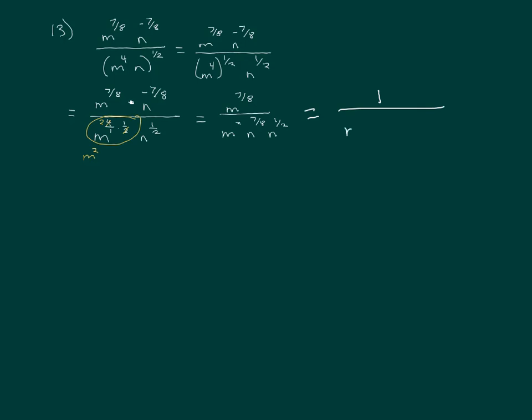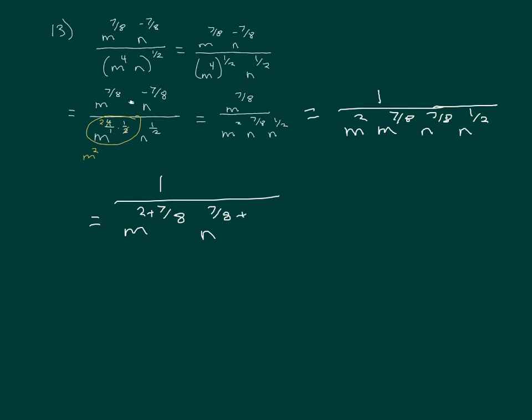So I have m squared, m to the 7/8, n to the 7/8, n to the 1/2. So that gives me 1 over, and now I combine my m's, 2 plus 7/8, and then the n's become 7/8 plus 1/2.